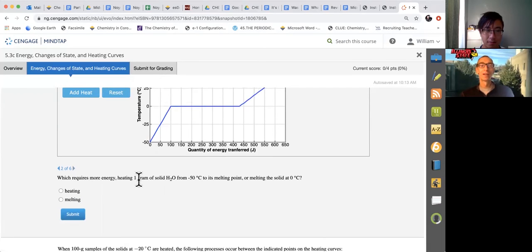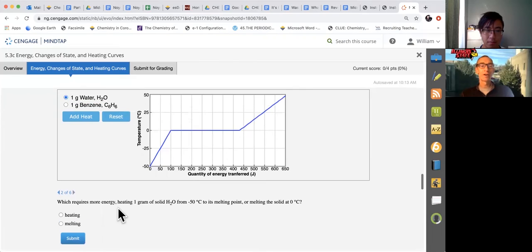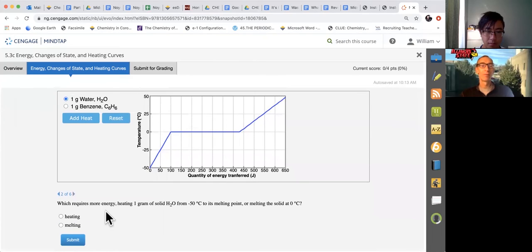All right. Which requires more energy? Heating 1 gram of solid water from -50 to its melting point, or melting the solid at 0 degrees Celsius? Okay, hold on now. So going from -50 to its melting point, how much energy does that require? That's 100 joules.